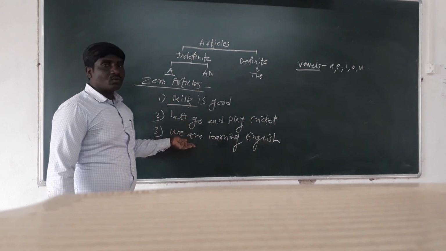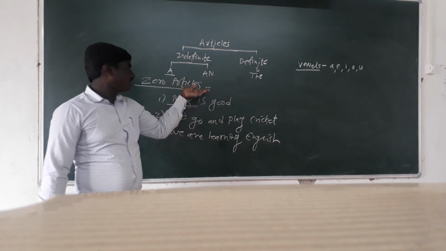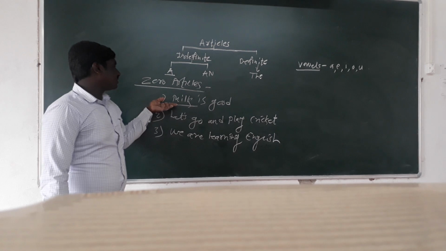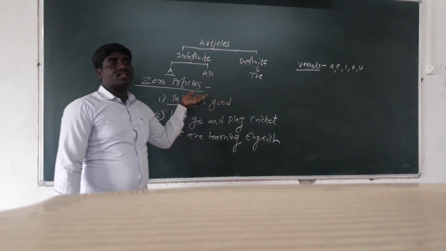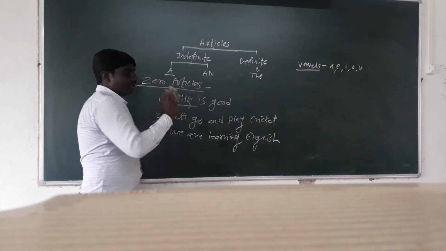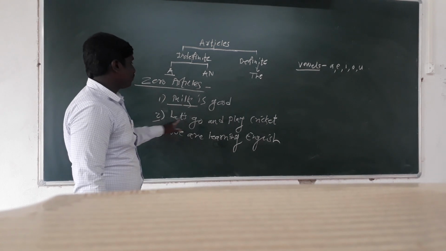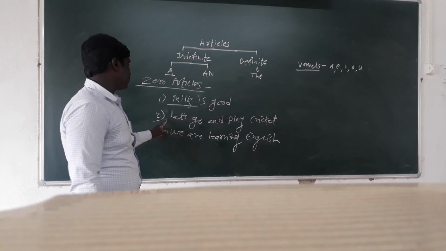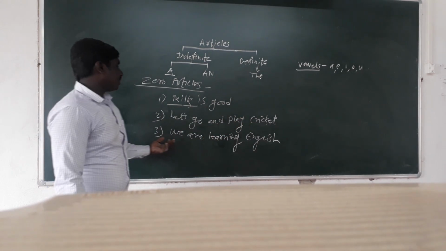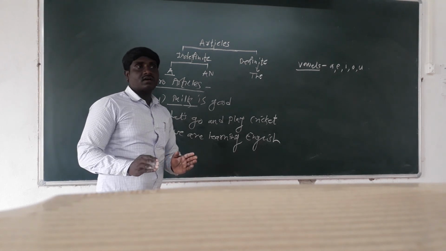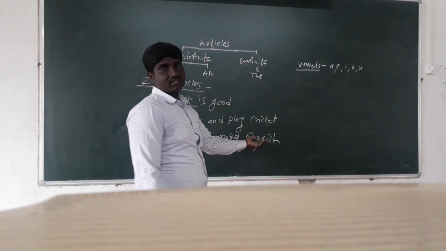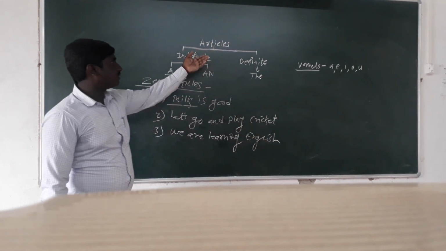So these are the rules, which are also called zero articles. Before the general things, for example milk is good, we do not use articles. Before the names of a game, for example let's go and play cricket, we do not use articles. And the third one is before the subject names or language names. We are learning English. So these are the rules.